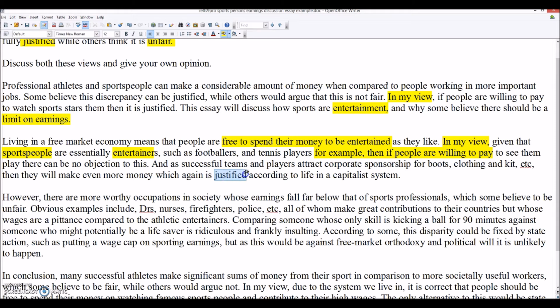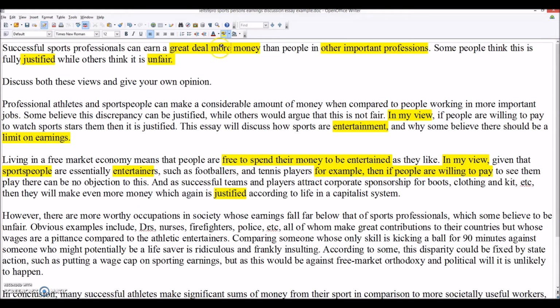So it's justified because, in a free market economy, if you want to spend, you can spend your money as you wish. It's up to you. So you can see we've got the key words, the key ideas. So the main idea here, in the free market economy, if you want to pay to watch a football team and that football team, the players then get paid a lot of money, that's how it works in capitalism.